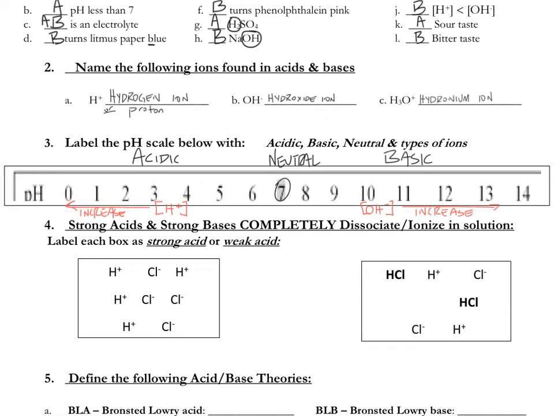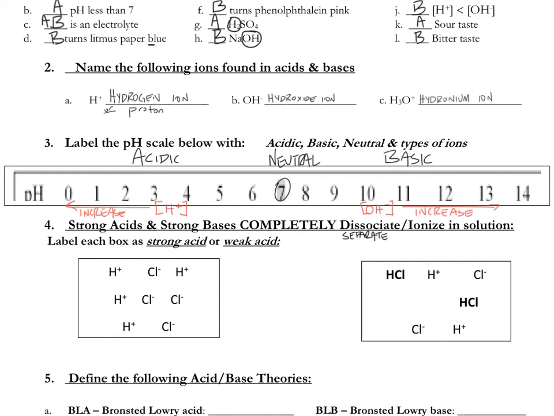Okay? So strong acids and bases completely dissociate. Dissociate means to break apart or separate, and they're going to separate into ions. So label each box as a strong acid or a weak acid.